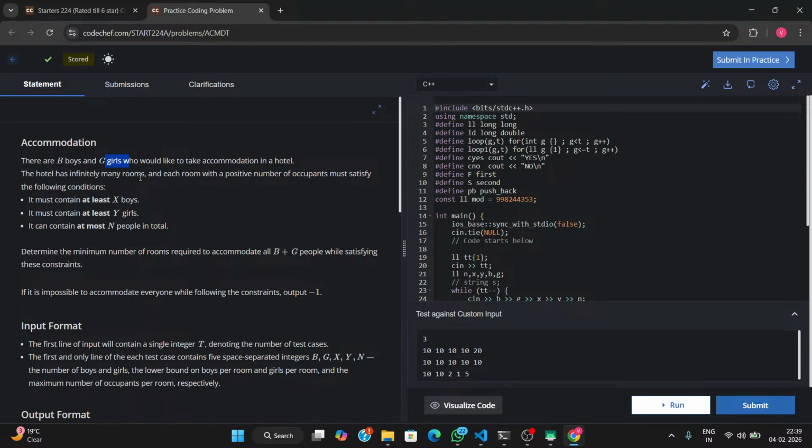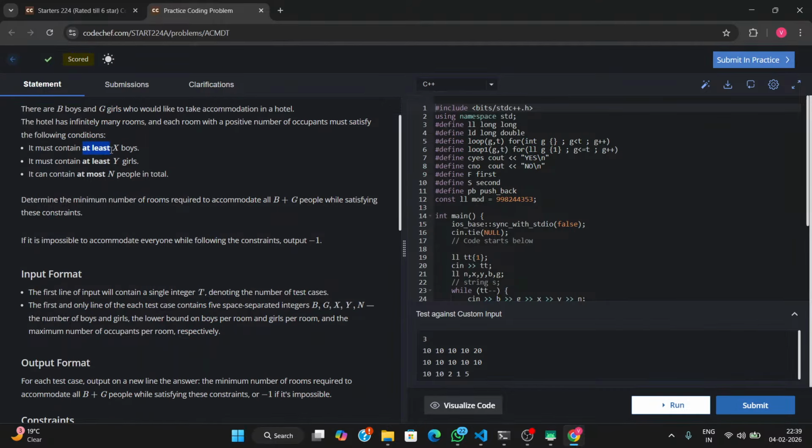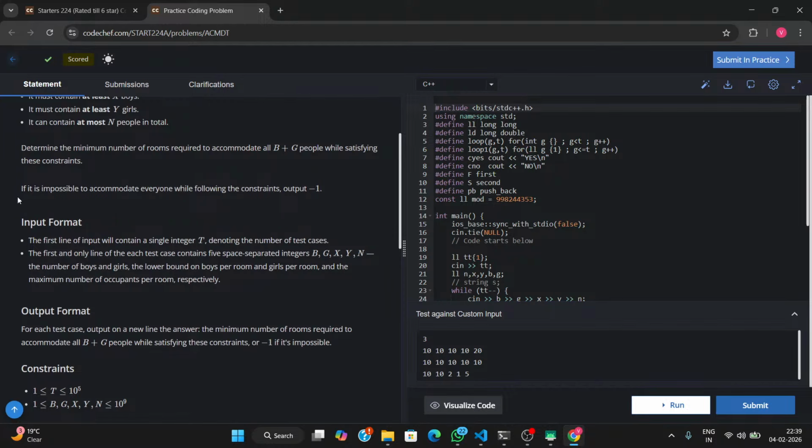The hotel has infinitely many rooms, and each room with a positive number of occupants must satisfy the following conditions. There should be at least X boys, at least Y girls, and it can contain at most N people in total. Now we need to determine the minimum number of rooms required to accommodate all of the children. Also, if it is not possible, then we need to output -1.